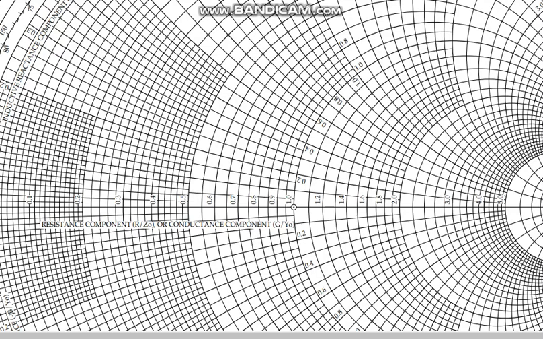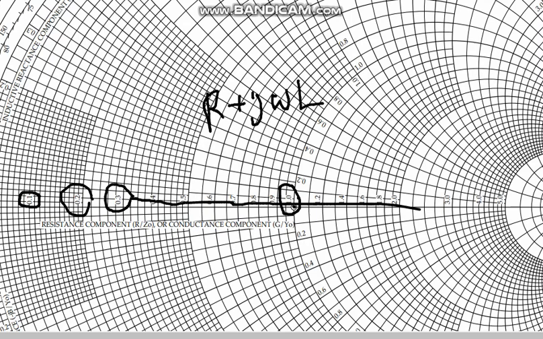I will draw your attention to these points, point 1, point 2, point 3, all along this straight line that goes through the center point, that is the 1. Whether the resistance is 1 or the conductance is 1, because we know R plus j omega L, or R minus j omega C, or G plus j omega C.